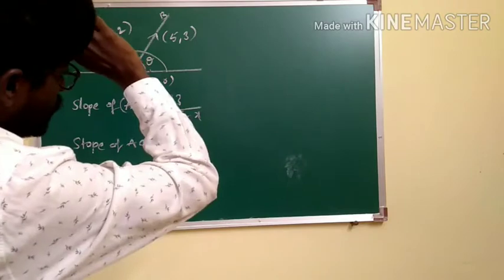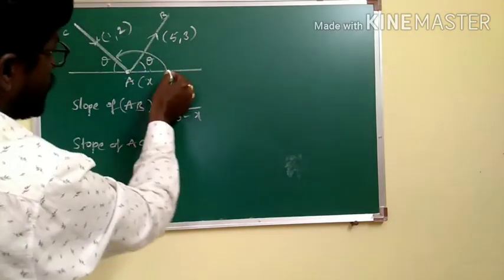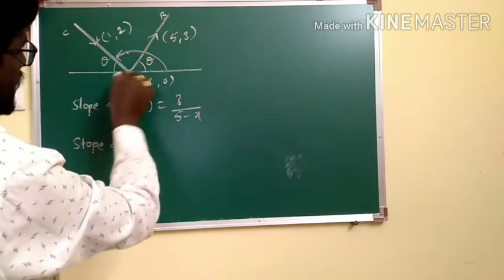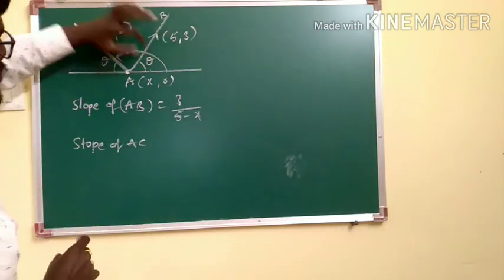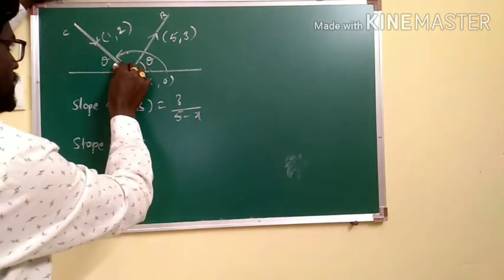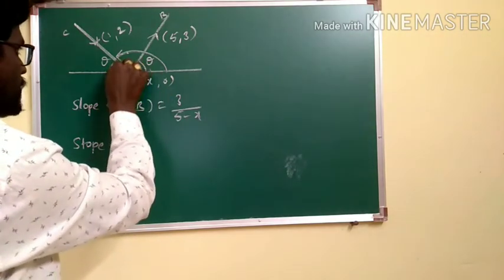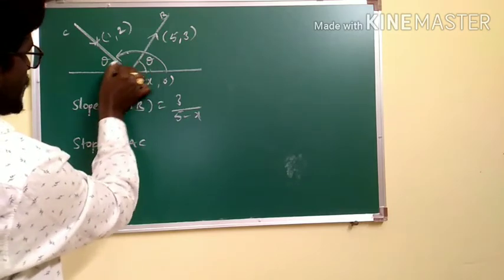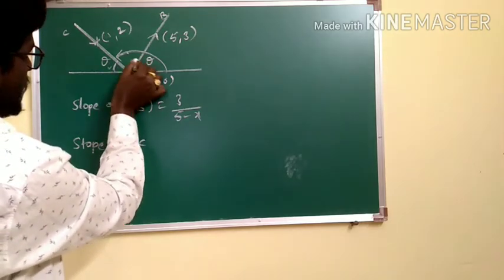Okay, so what will be this particular angle? This entire angle is going to be, this is some theta. And see, this is some theta and this is some theta. This particular angle is going to be 180 minus theta.